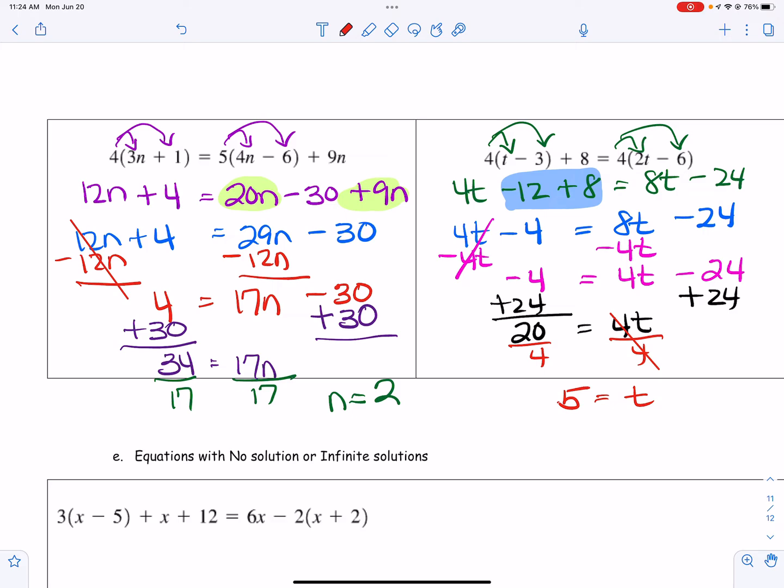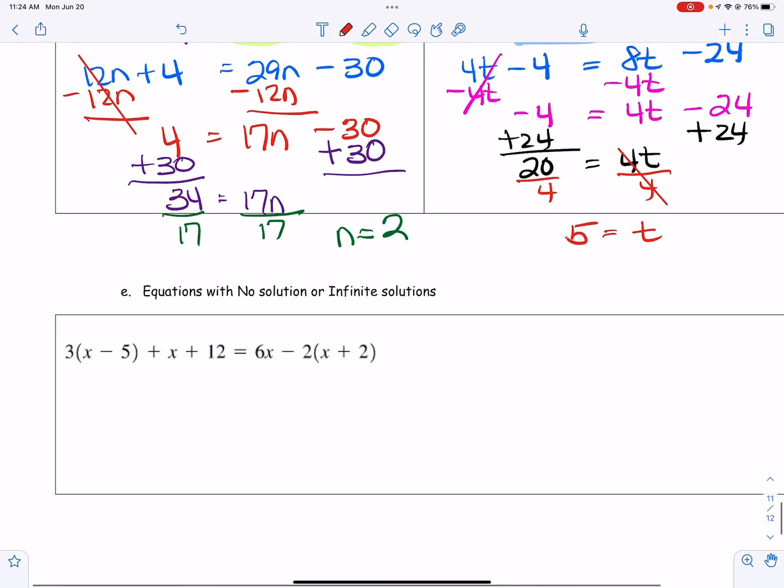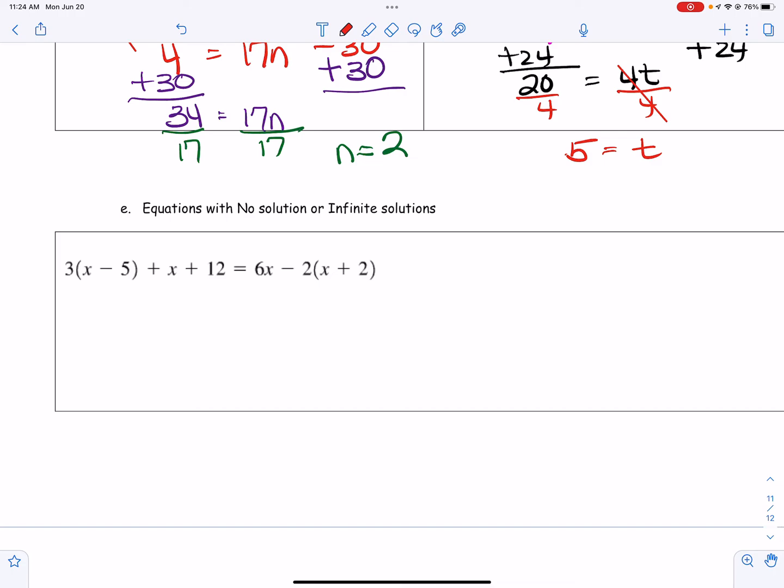Now, the last two problems are what I call our special cases. They are either going to have no solution or they're going to have infinite solutions. So when we're doing these problems, I want you to make a note.